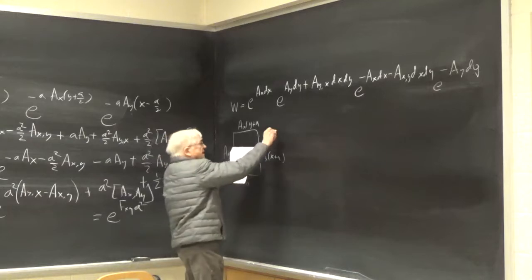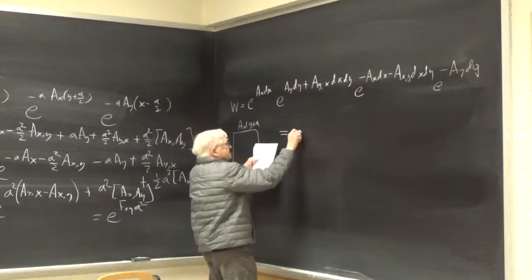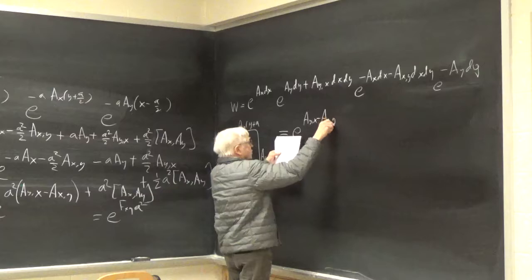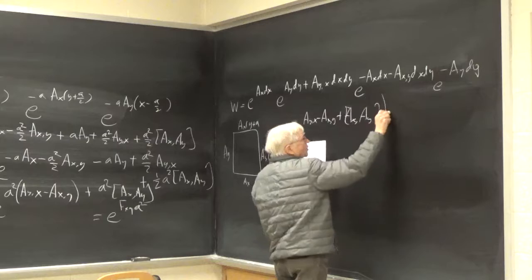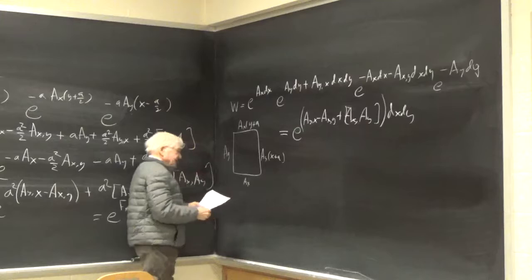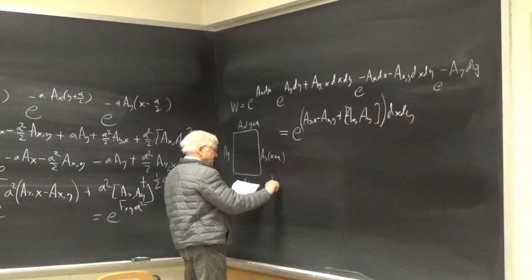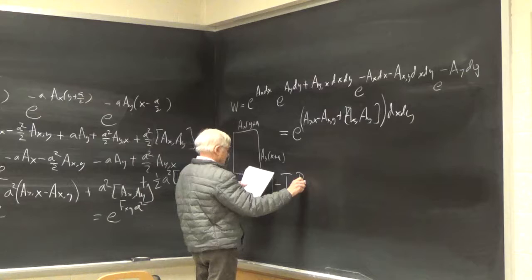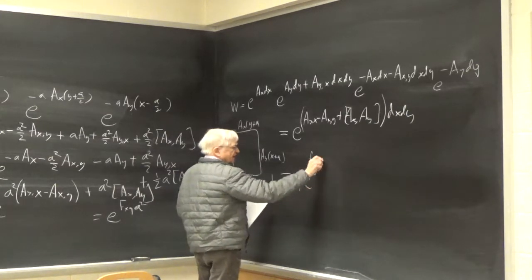And if you multiply those together, what you get is once again e to the A_y comma A_x minus A_x comma A_y plus A_x comma A_y, all of that dx dy. And so to get to the Wilson action, what one does is take 1 minus the trace of this path-ordered exponential of the loop, and now I'm putting in the coupling constant.